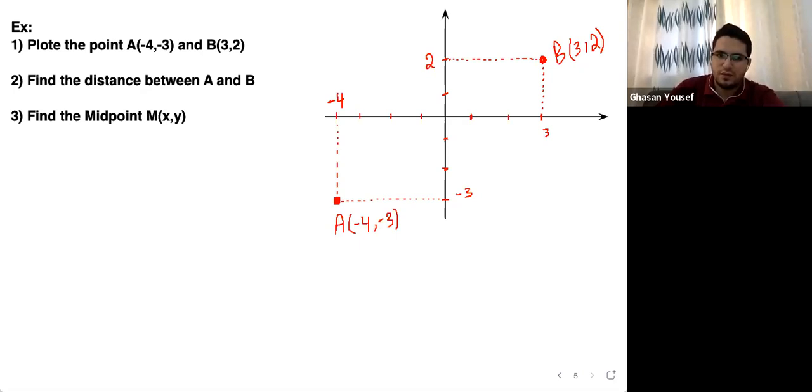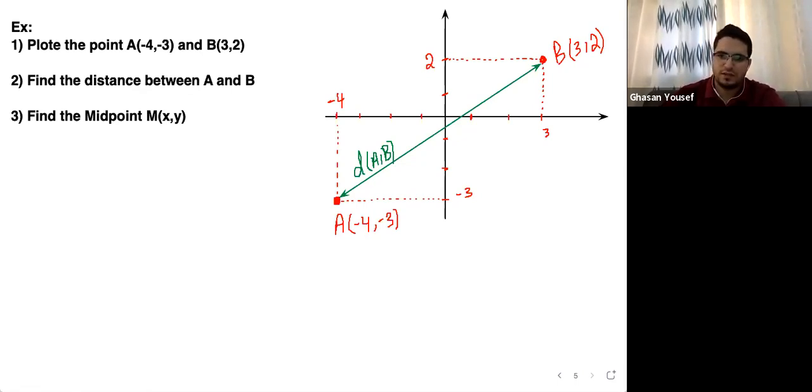So for the second one, they ask for the distance between the point A and B. What is the formula for the distance between A and B? So suppose this is my x1.